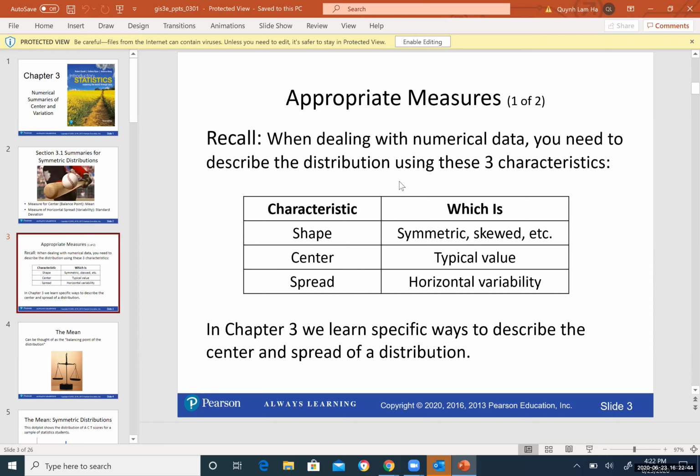For numerical data, for the shape, we're talking about symmetric, which is the left and the right side roughly the same, and the middle part goes all the way up, raised higher. For skew, you have two types: skew to the left and skew to the right.